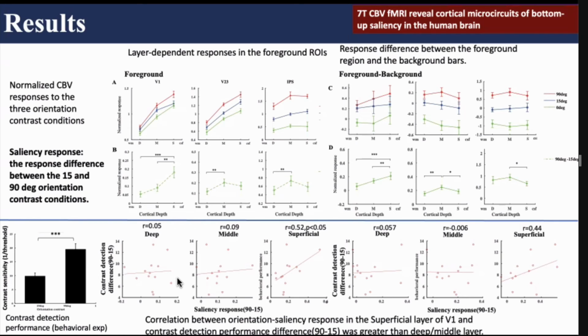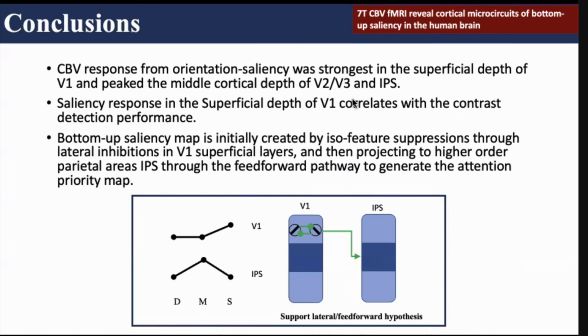And we then calculate the correlation between the orientation saliency response and the contrast detection performance difference across the depth of V1. So we can say that in the superficial depth of V1 the correlation is greater than in the deep and middle layers. So this is our conclusions.